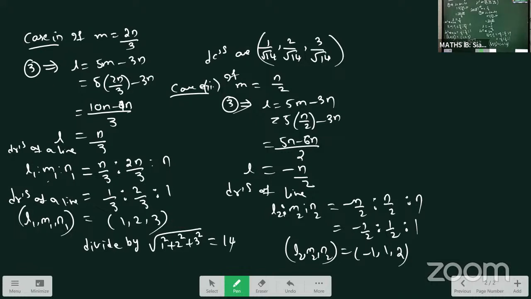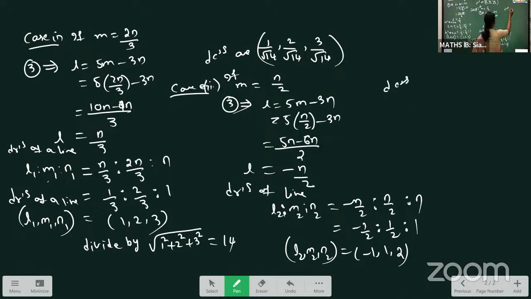Now we have to find the DCs of the line. So how to find the DCs of the line? The l value we got is minus n by 2, the m value is n by 2 and the n value is 1. So we can write 1, 2, 1, that is, minus 1, 1, 2.